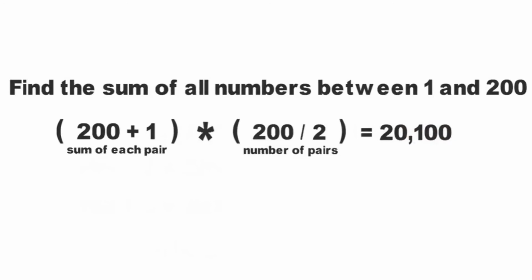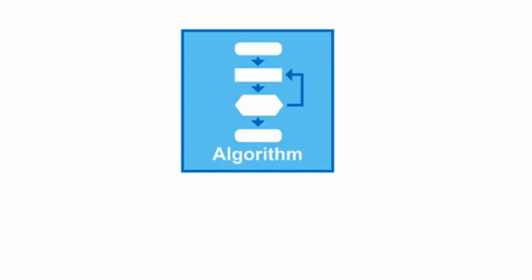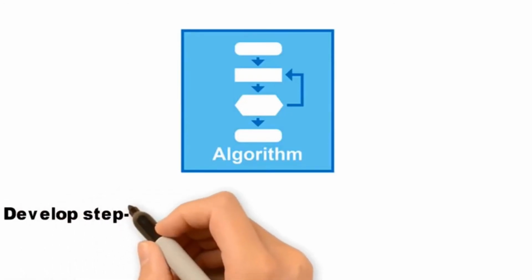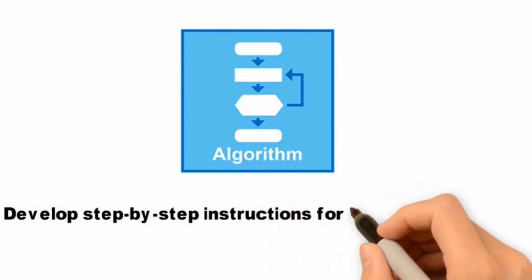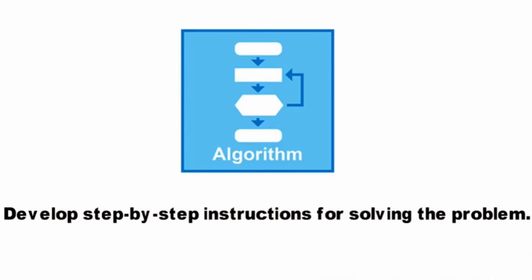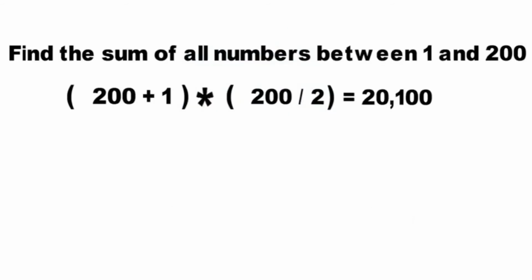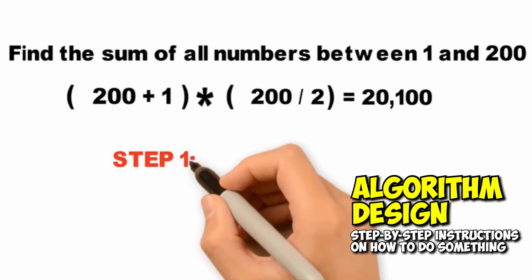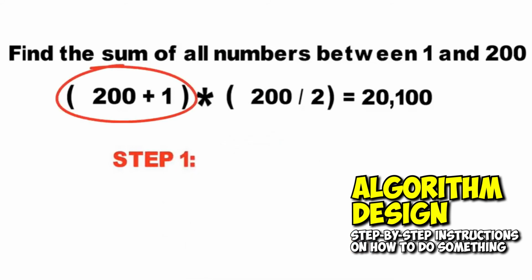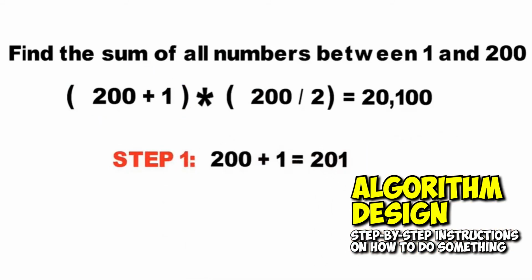The fourth and final step of the computational thinking process is algorithm design. This involves developing step-by-step instructions for solving the problem. And you can use this again and again to solve similar problems. So in our original problem, we had to find the sum of all numbers between 1 and 200. Step 1 is to find the sum of 200 plus 1, and we get 201.